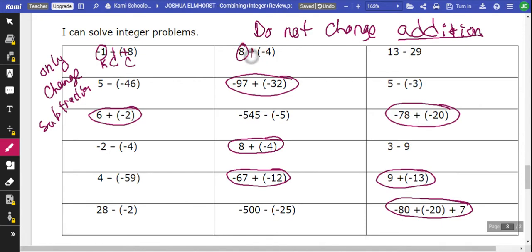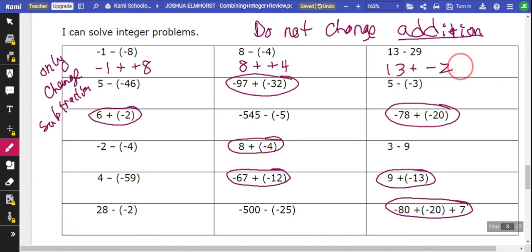Keep, change, change. So you probably actually do it this way here, just so -1 plus +8. So then we can see what the original is. So we got 8 plus +4.